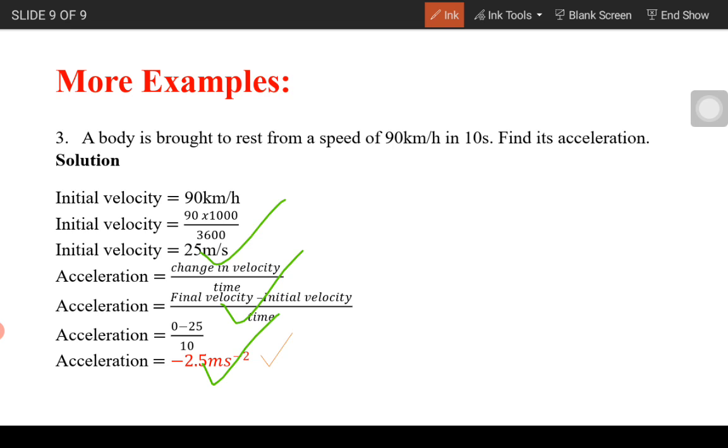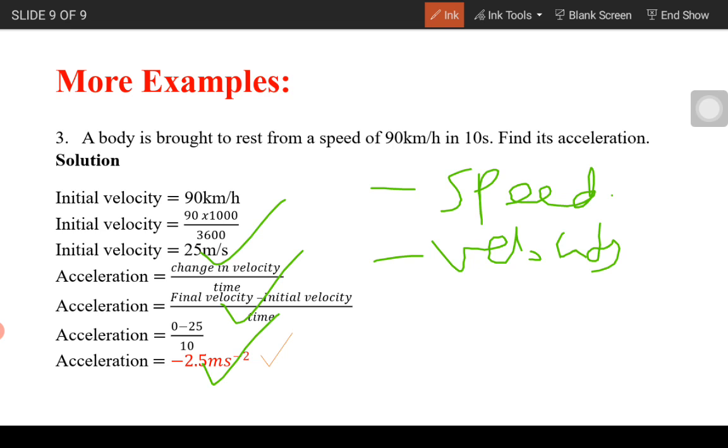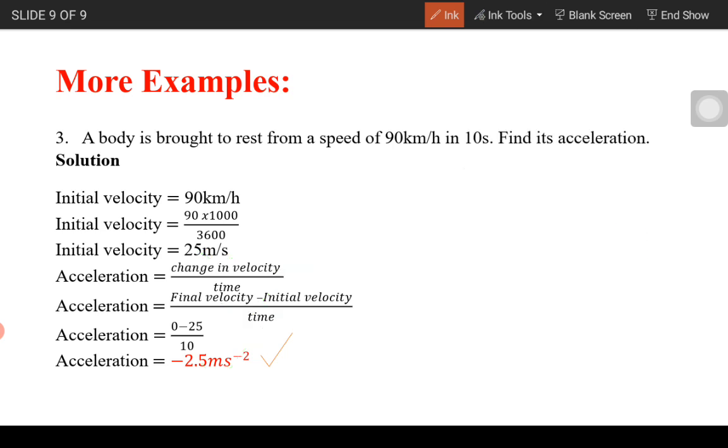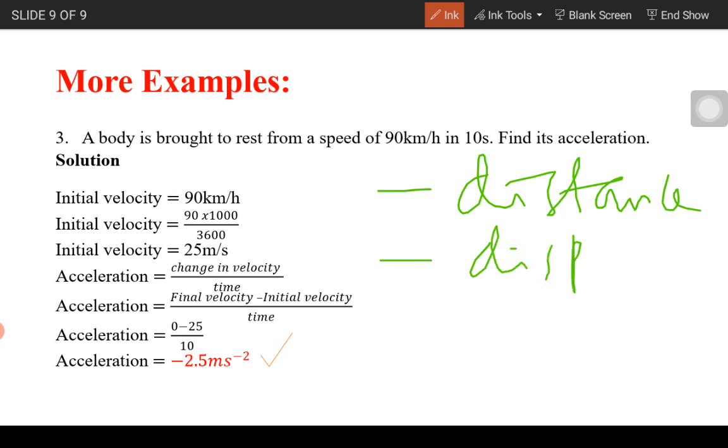So this marks the end of our tutorial, and I hope you have learned something about motion and the terms. I want to remind you of those terms you must remember: speed, how to define speed, how to define velocity, and the differences between these two. Then distance and displacement move hand in hand.